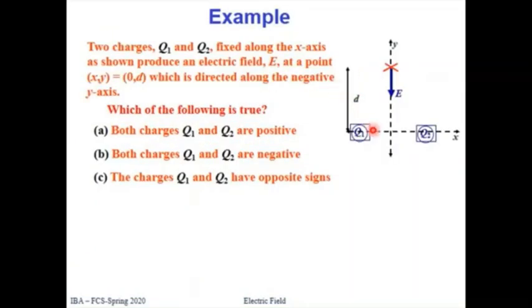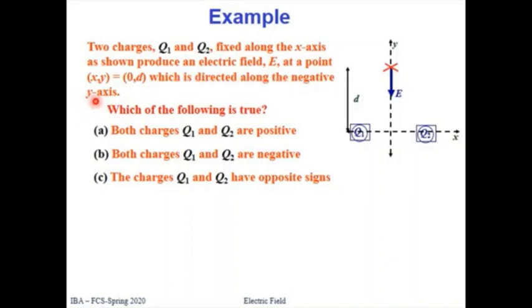Now, again, we need to find a direction, but keep in mind that in this case we have two charges. So in order to find the direction at this point, we first use the superposition principle. Two charges, Q1 and Q2, fixed along the x-axis as shown, produce an electric field E at point D, which is directed along the negative y-axis.